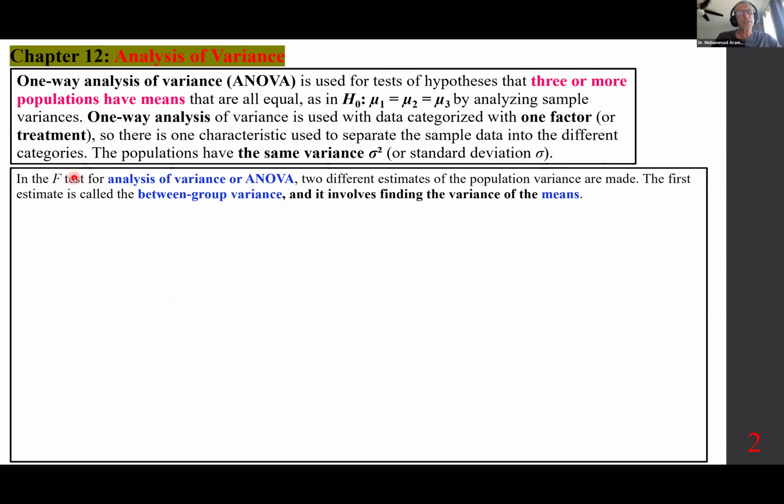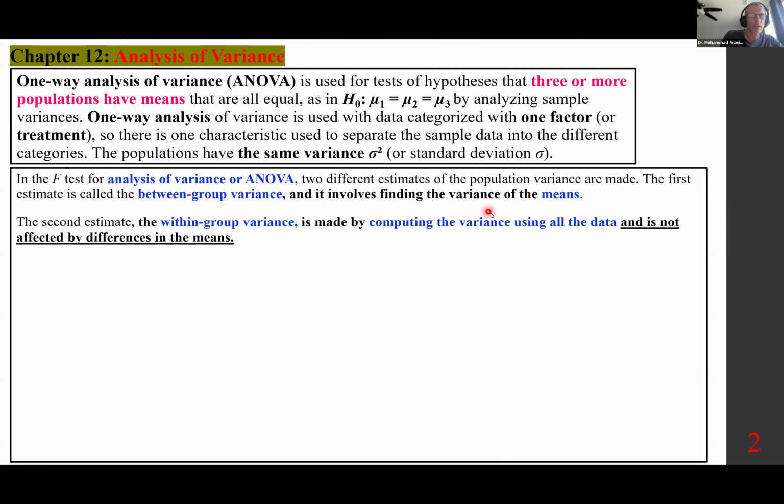In the F test for analysis of variance, or ANOVA, 2 different estimates of the population variance are made. The first estimate is called the between group variance, and it involves finding the variance of the means. The second estimate, the within group variance, is made by computing the variance using all the data and is not affected by differences in the means.